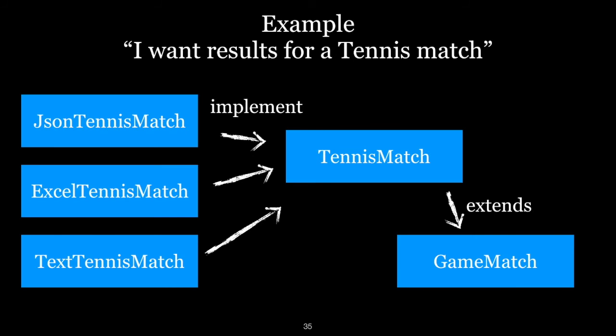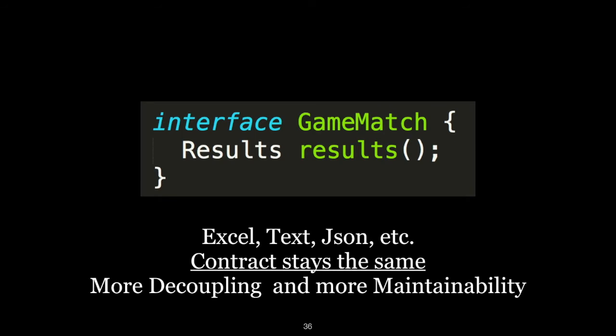And a good way to do this is to have all of them implement an interface. And the interface, for example, could extend another interface, like a game match. What you gain from this is that no matter what the source is, the contract always stays the same.